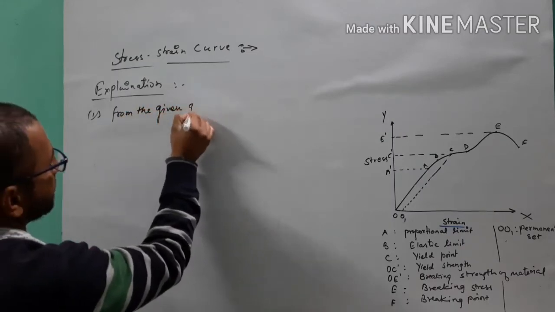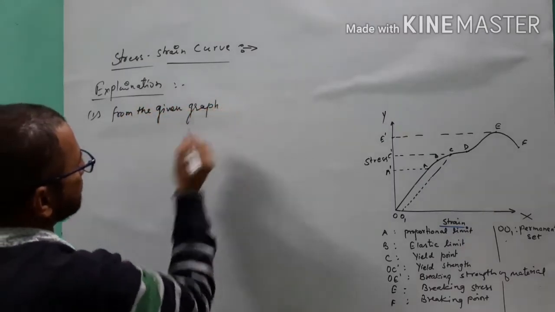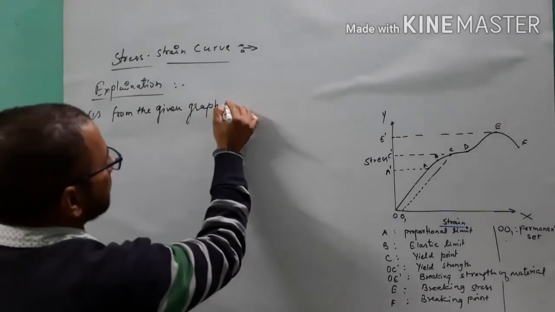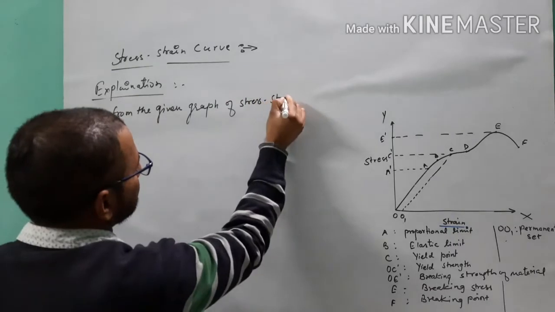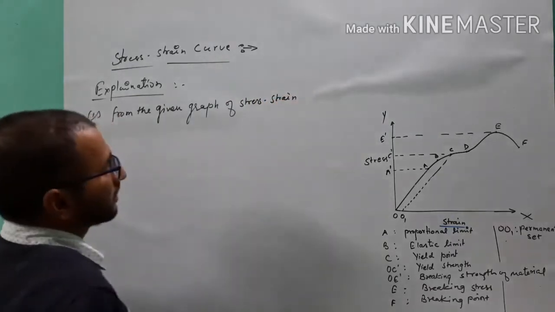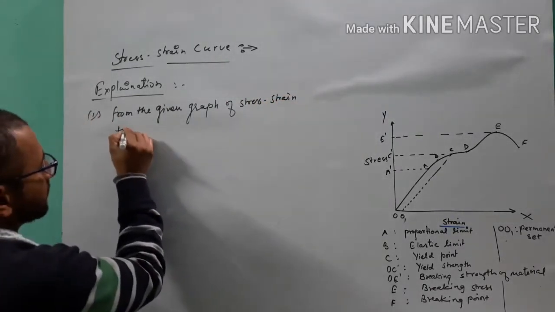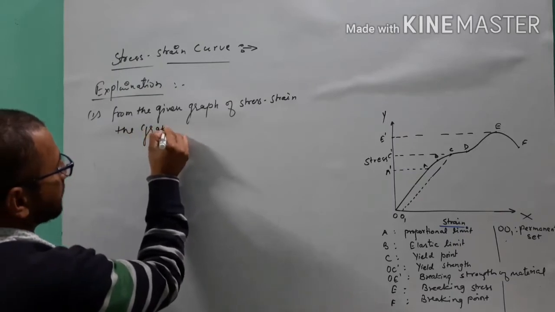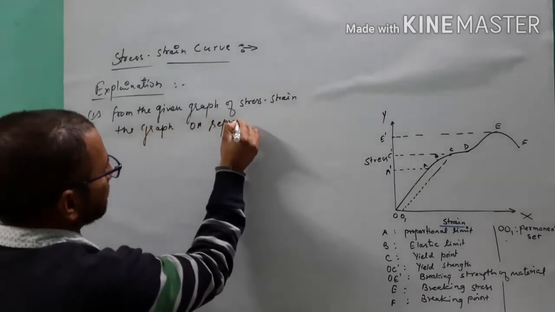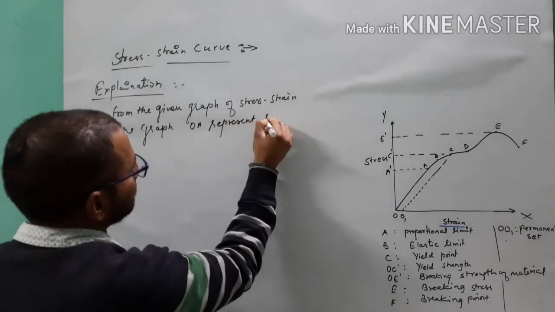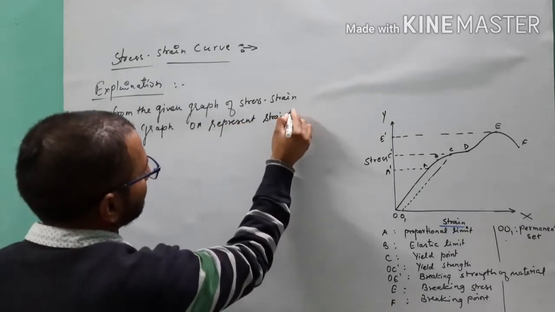meaning from the given graph or curve of stress strain, the graph OA represents a straight line.